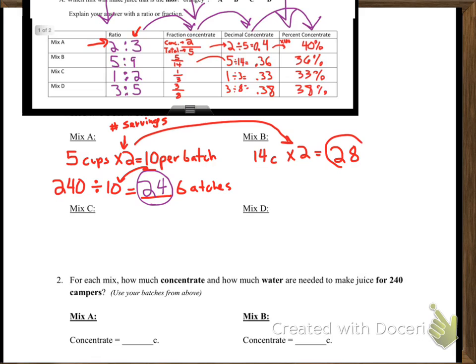So I can feed 28 kids for every batch of mix B. All I do is plug in the same thing. I take the 240 kids divided by the 28, because that's how many servings we get per batch. And I do 240 divided by 28.